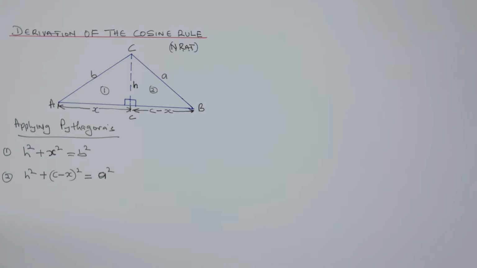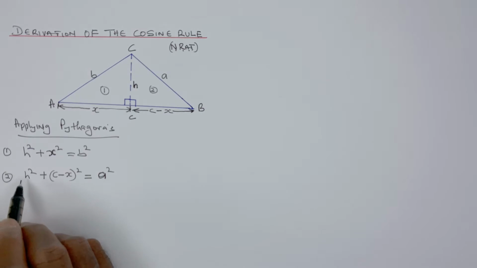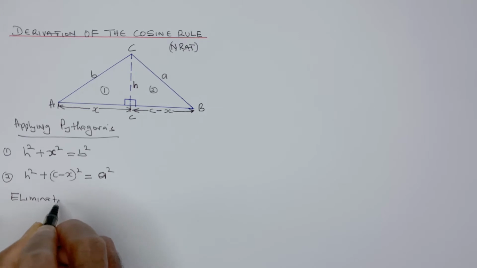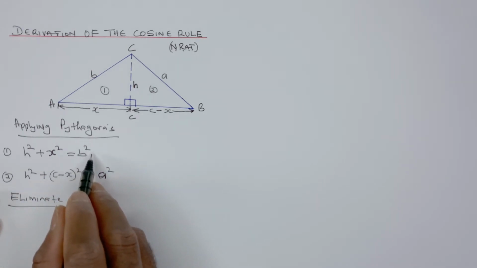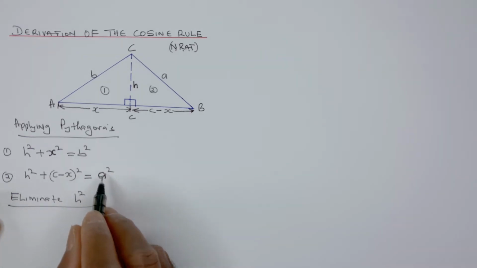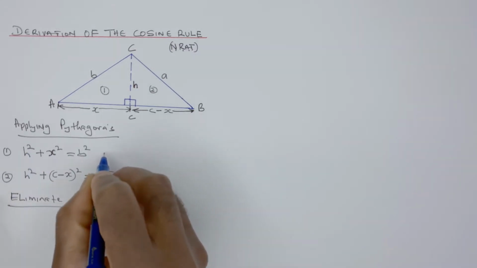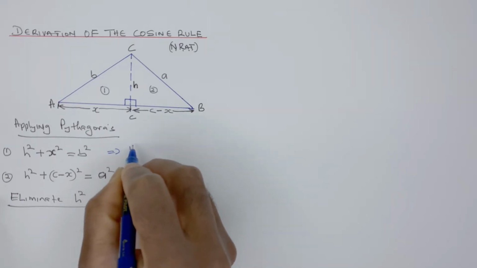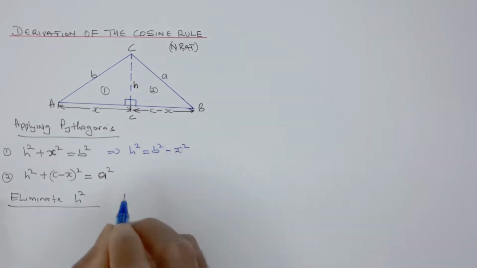Now I want to eliminate the h, because I've got h squared here and h squared here. Making h squared the subject, h squared equals b squared minus x squared.